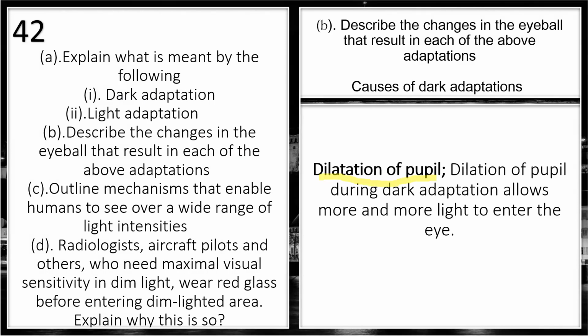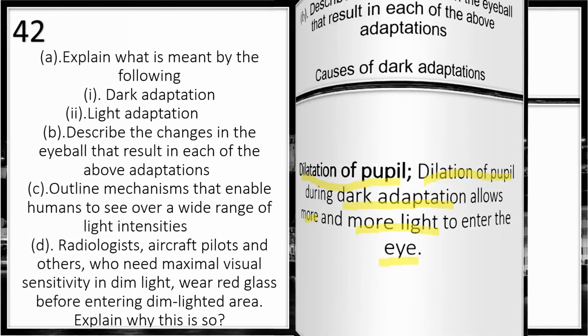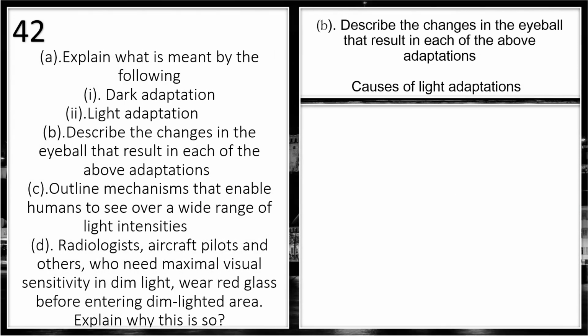Dilation of the pupil. Dilation of the pupil during dark adaptation allows more light to enter the eye. Causes of light adaptation.